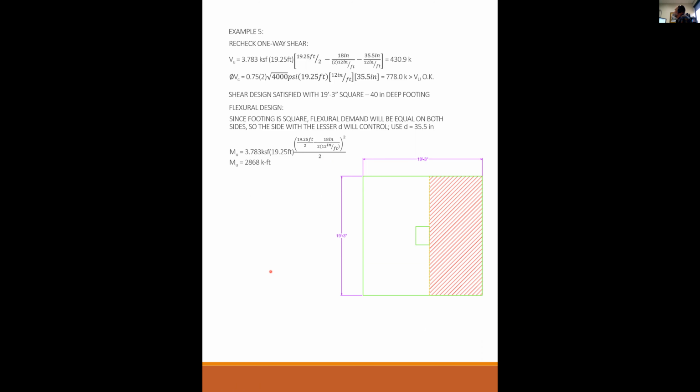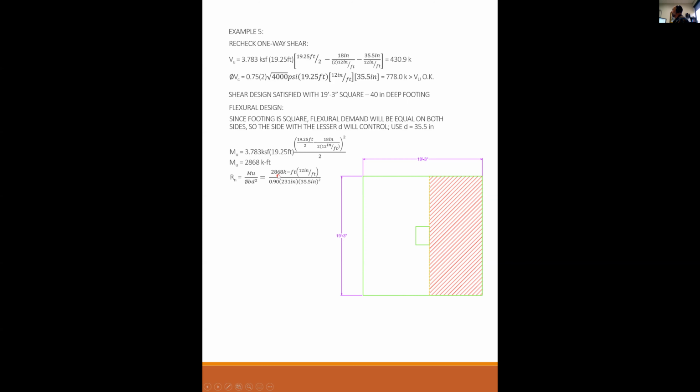That's a pretty big moment, but you've got a lot of concrete here to resist it. All right, so now this becomes a singly reinforced rectangular beam problem. It's a really shallow, wide beam, but that's okay. It's still a singly reinforced rectangular beam. So I use my reinforcement index, R sub n.